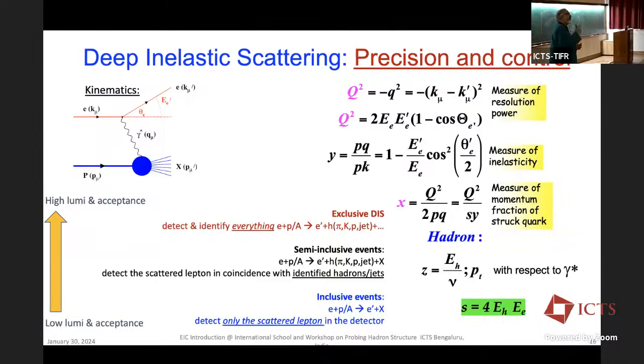In the fixed target experiments of the past, typically the target was a solid state target. Now imagine an electron beam or a muon beam coming and hitting it with large energy. It pushes the electron out or muon out, that we could measure. Most often we could also measure what was hit because of the angle with which the photon would push that particle out. But what happened to the target fragment was never known because it remained in the solid state target.